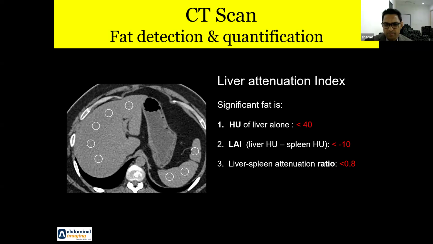This is the most common technique used for identifying donors for liver transplantation. Any donor which has fat with a value of more than -10 is rejected and not taken as a potential liver donor.